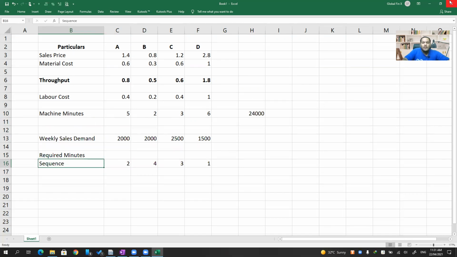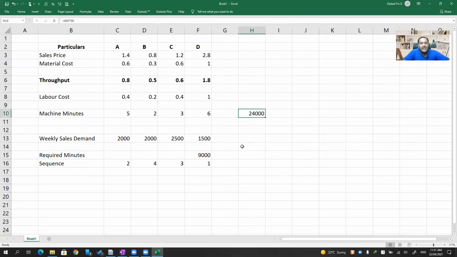How many minutes do we need for product D? 1500 demand is there into 6 minutes each. 1500 units into 6 minutes, so D is going to consume 9,000 minutes.